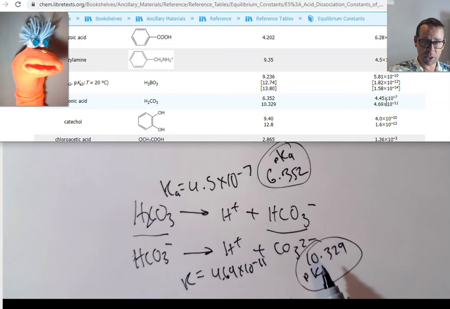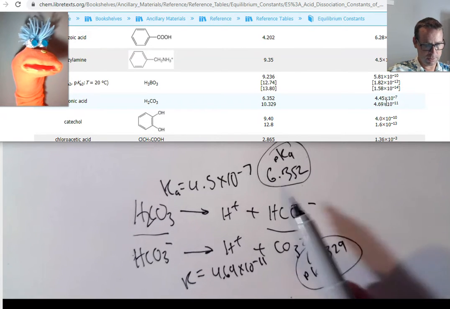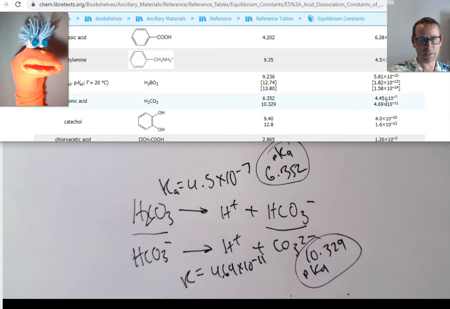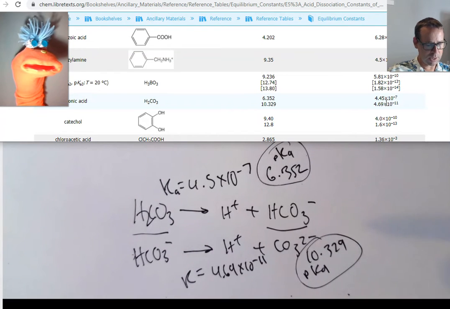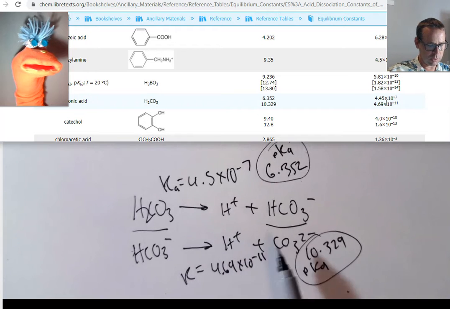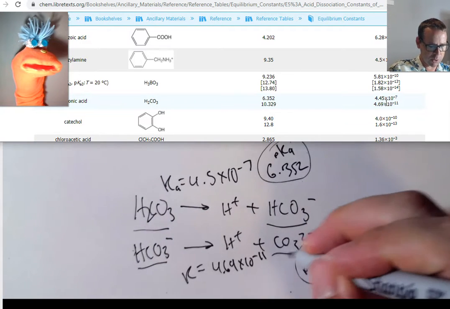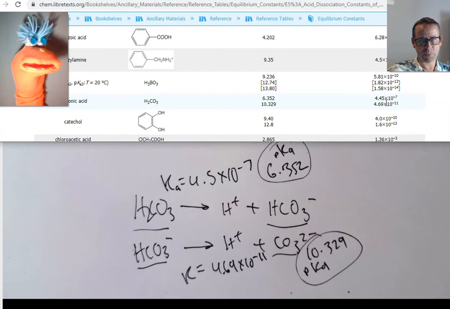If I adjust the pH to 10.329 by adding base, getting the solution more basic, then I'm going to have 50% that and 50% that. Okay?